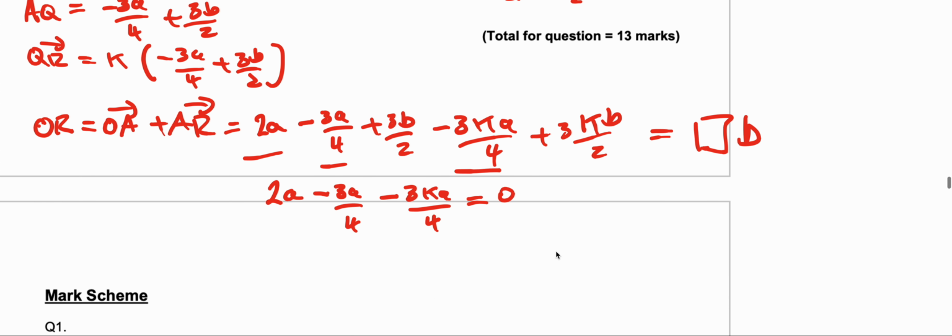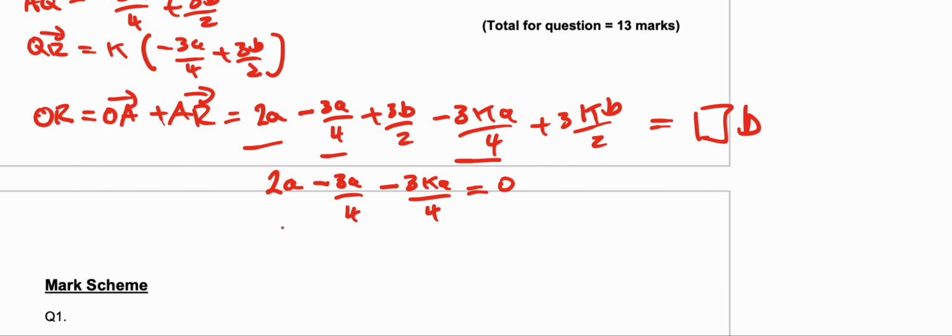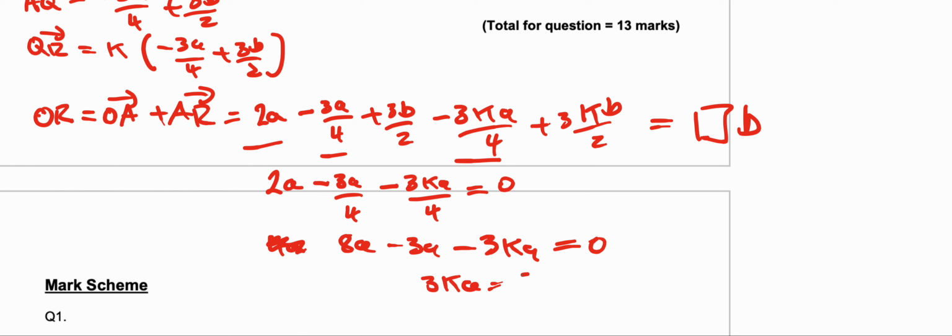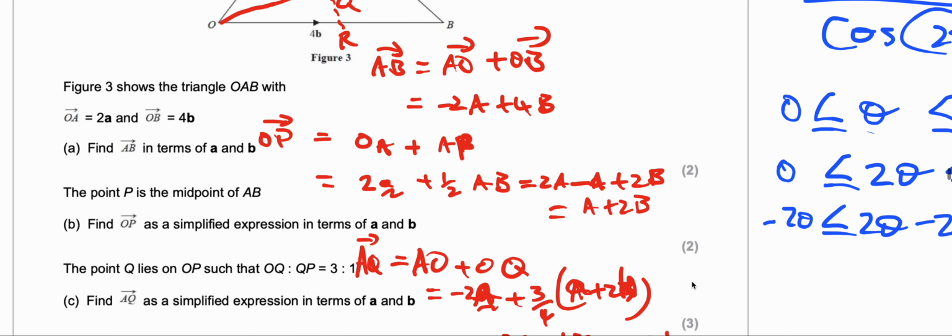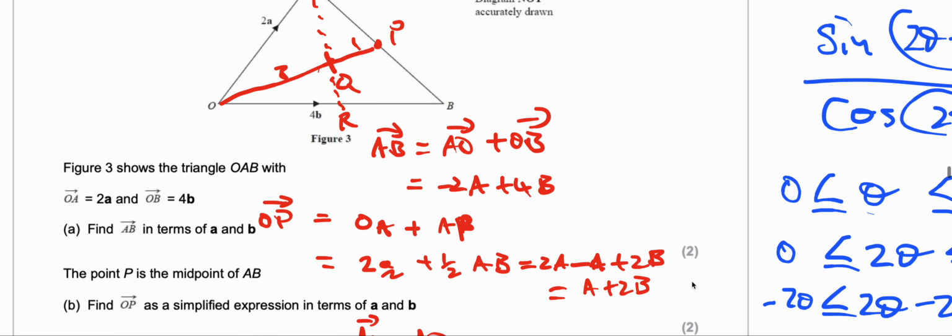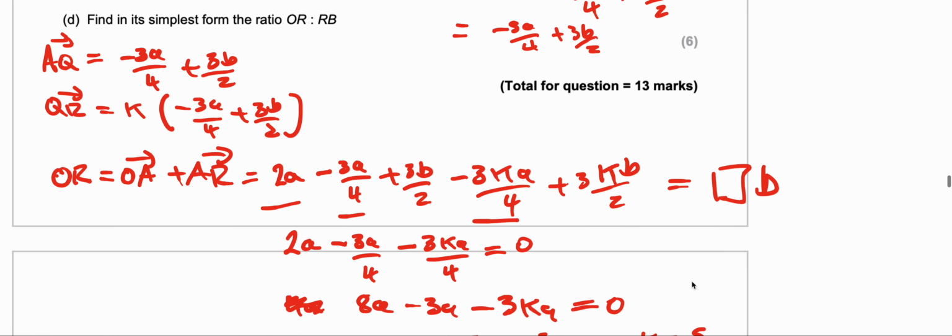So multiply everything by 4 and you get 8a minus 5a minus 5ka. So 5ka will be equal to 3a. So therefore k equals 3 over 5. So k is the multiple.